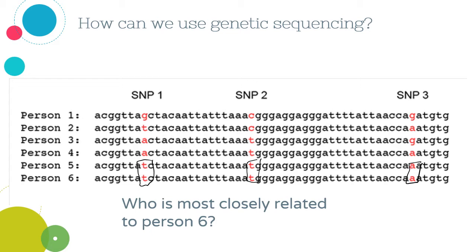The more SNPs that you have to compare and the more different genes that you're looking at, the better resolution or confidence you can have in those relationships. So whether we could really draw these conclusions with this little data, probably not. But given this tiny exercise, we can say with fairly high confidence that person 5 and 6 are most likely the most closely related of this group.